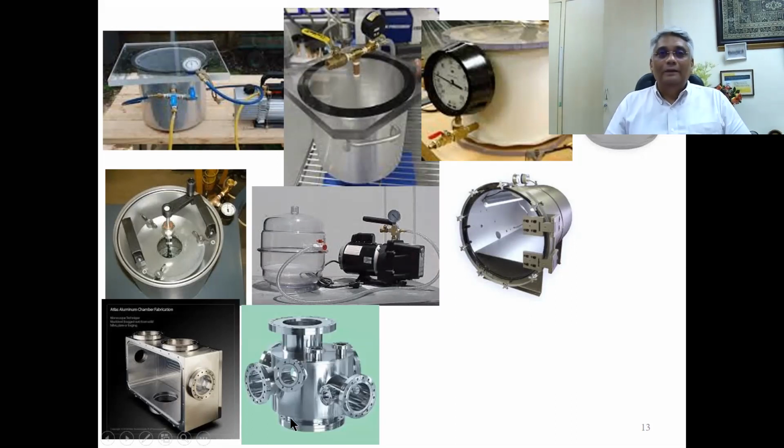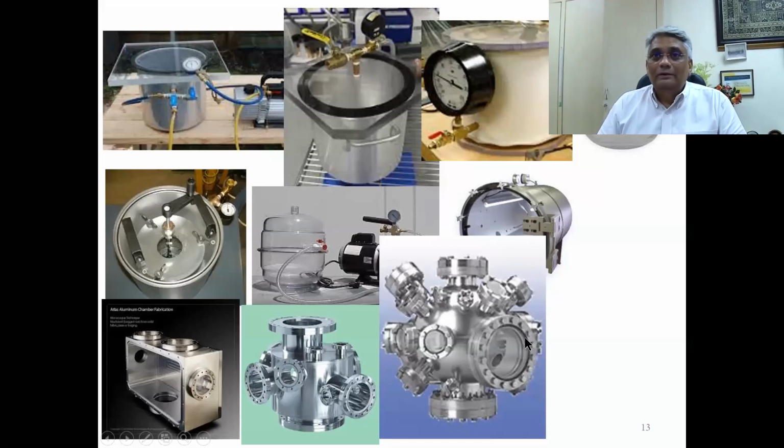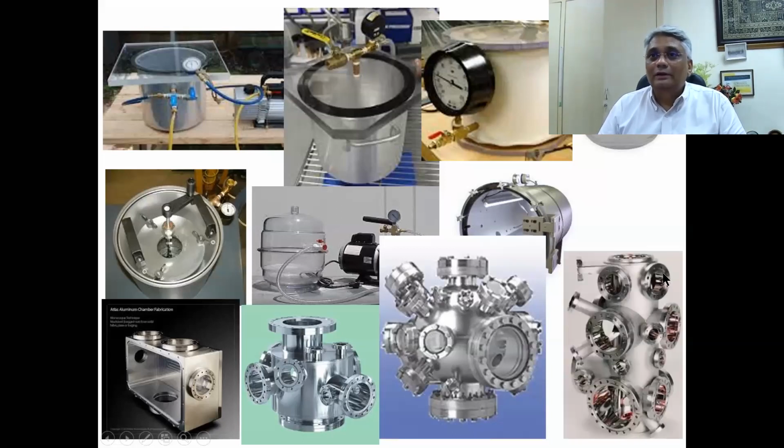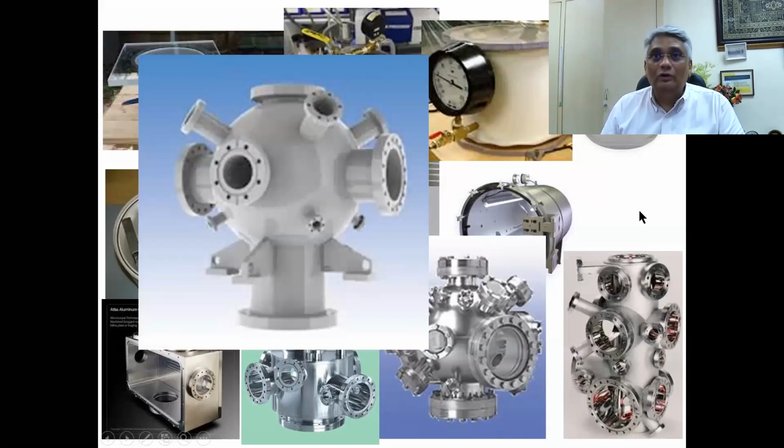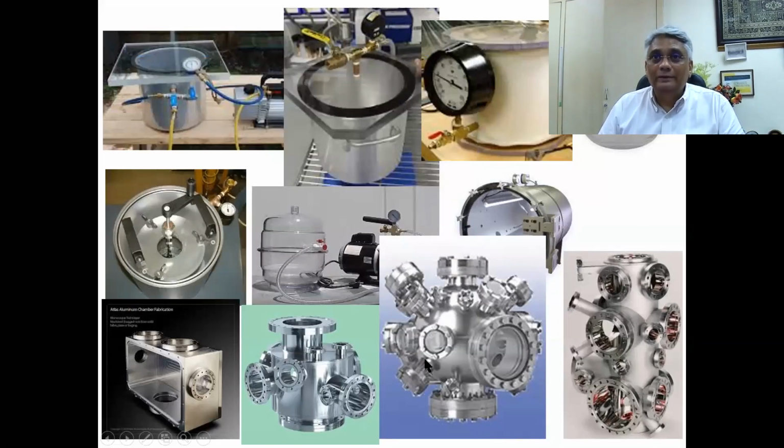You see this. But today, this technology has gone to a real new level. With all these ports, you see a typical X-ray photoelectron spectroscopy technique where you have to create a huge amount of vacuum, 10⁻⁹ torr, looks like that. A deposition chamber looks like that. So with all these additional ports, these are all metals brazed to each other.